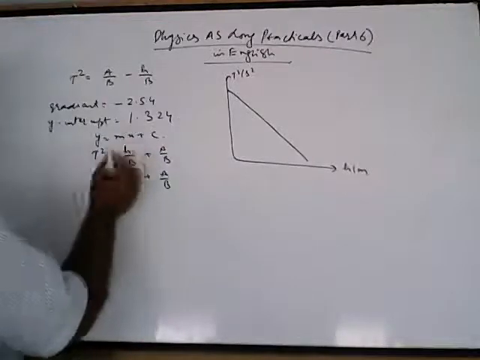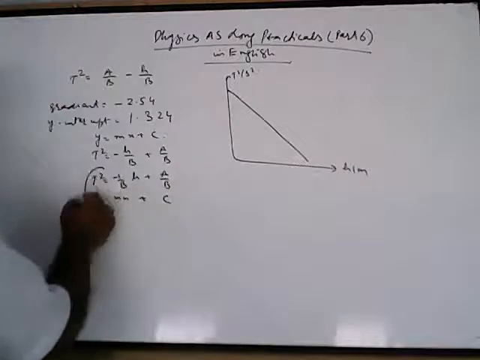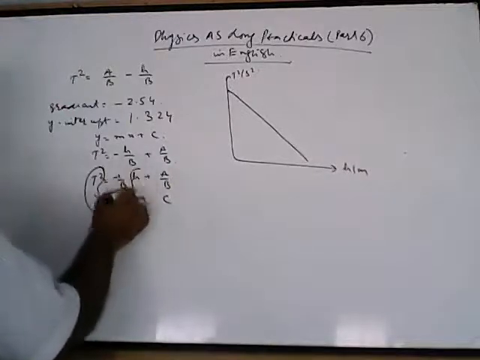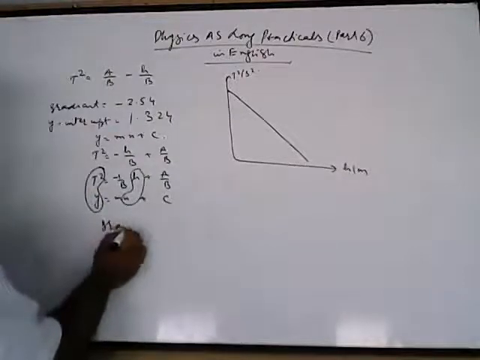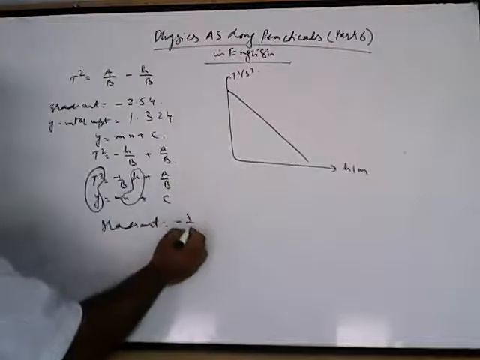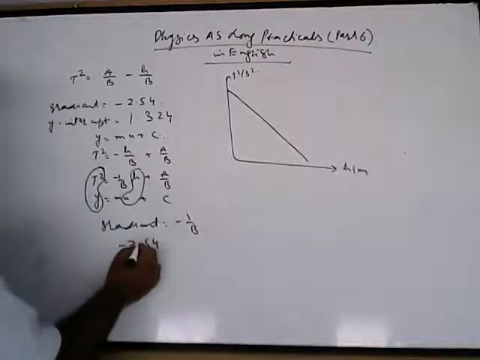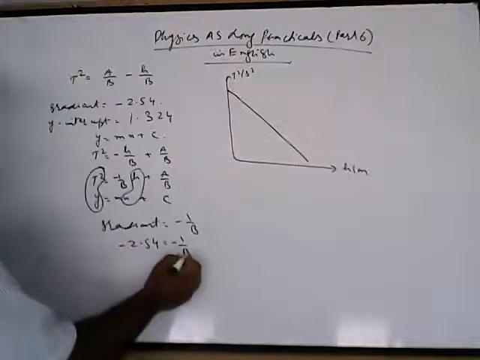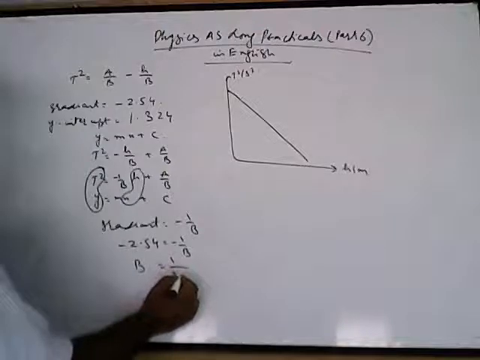Now clearly you can see, if I write again here, y is equal to mx plus c, along the y-axis t square, along x is h. So clearly my gradient, do not write m, sometimes examples use m, is minus 1 upon b. So I will suppose here minus 2.54 is equal to minus 1 upon b. So minus minus cancels, b is 1 upon 2.54.